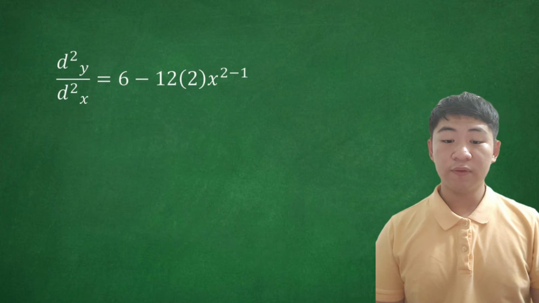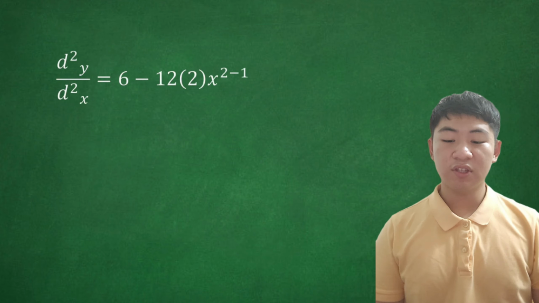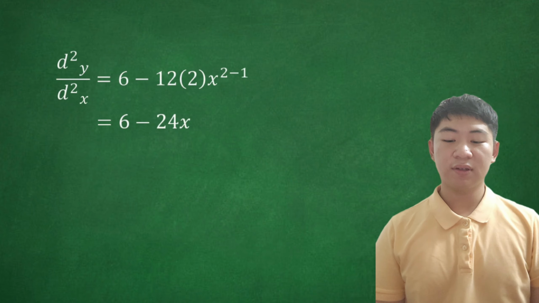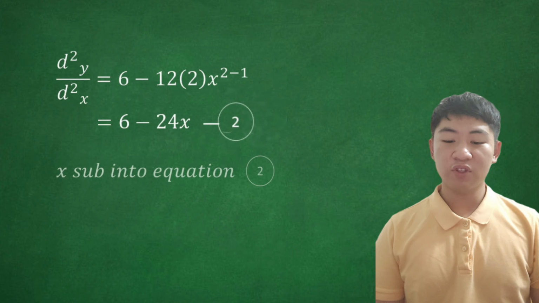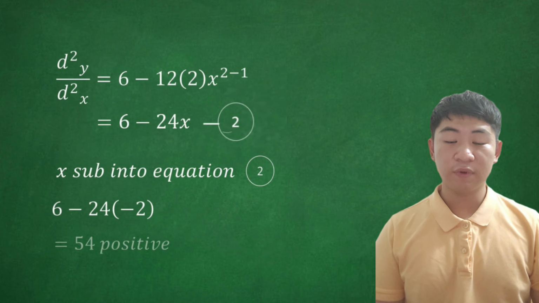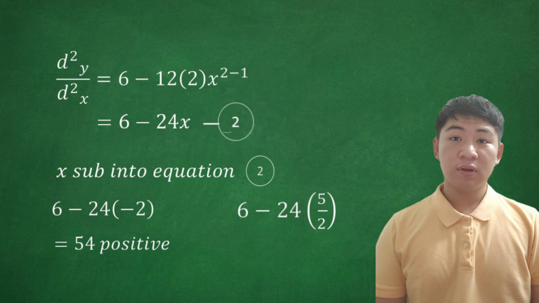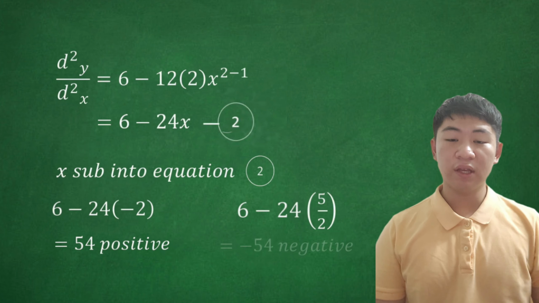For the 12x squared, the 2 goes in front as usual. 12 times 2 is 24, and 2 minus 1 is 1, so we get 6 minus 24x as our second equation. Then we substitute x into that equation. So 6 minus 24 times negative 2, we get 54, positive, while 6 minus 24 times 5 over 2, we get negative 54, which is negative.